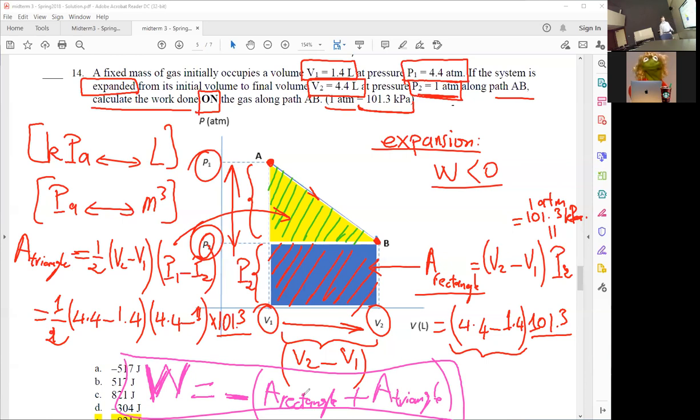Now again, this is work done on the gas, eventually by you. So that means, again, if you look at the gas chamber like this with piston, and you are here trying to push this piston like this to the left, okay?